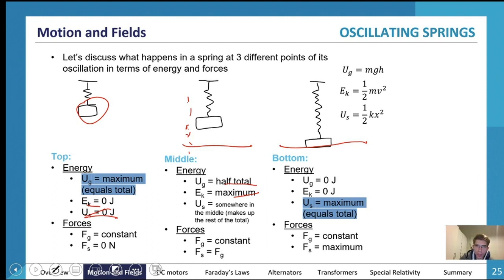So in this setup, you can observe the law of conservation of energy, because all the energy that was stored in the spring at the top in the form of gravitational potential energy has now been transformed into elastic potential energy. And midway through, obviously transformed into kinetic energy as well.